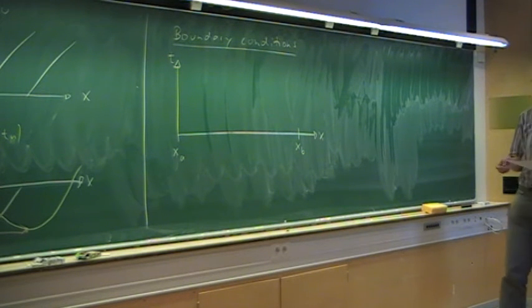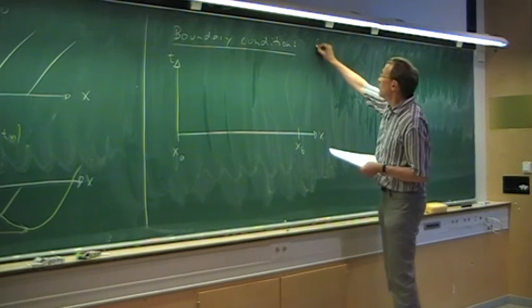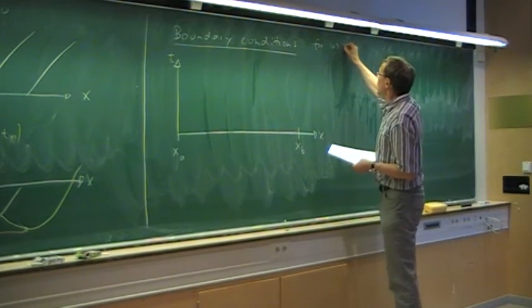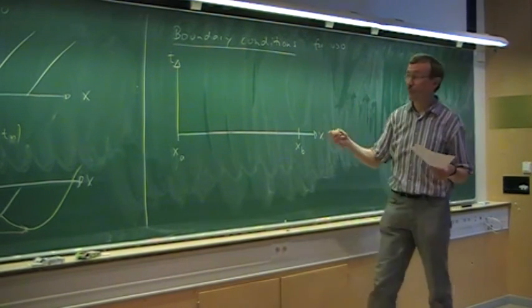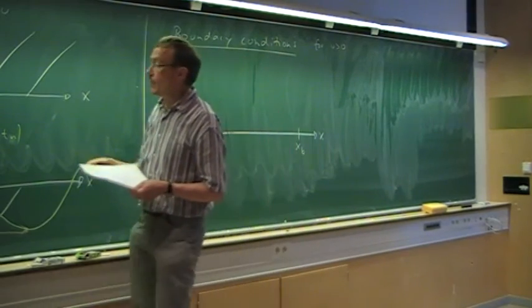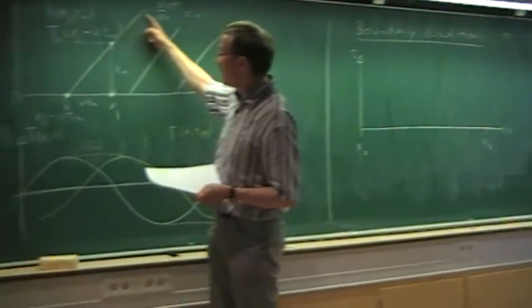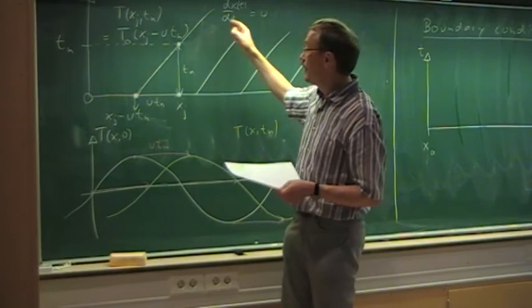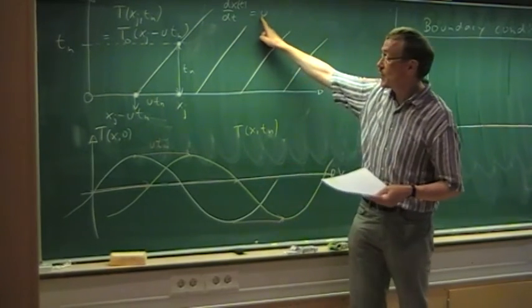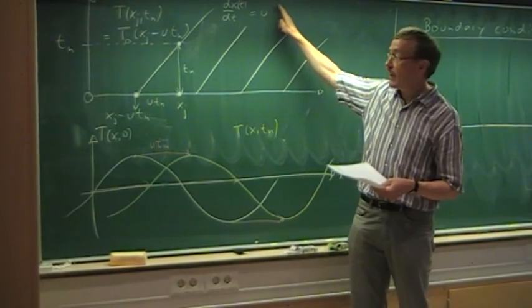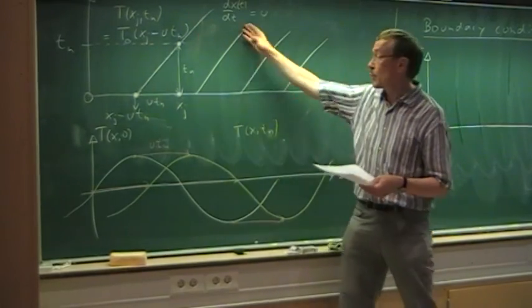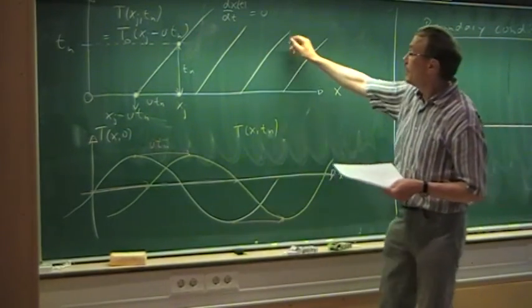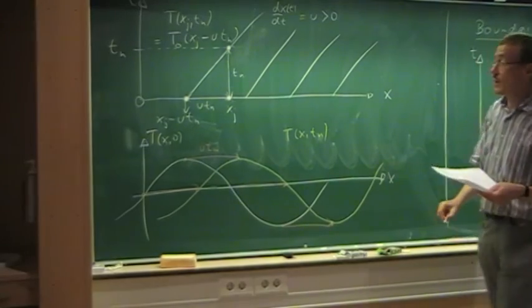Again, we assume that u is positive. That was implicitly meant here, where, when we have the characteristic like that, if u is positive, then they go this way. If they are negative, they go this way. So that was already implied in this picture that u was positive.